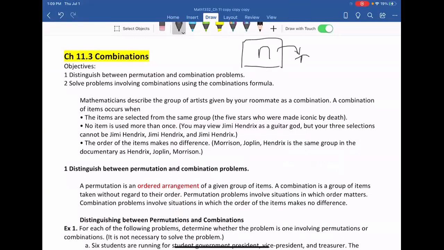In this lesson, we choose R items from N items, but we don't need to order the R, so the order doesn't matter. And also we will learn the formula of finding these combinations later. Okay, let's learn about the combinations.